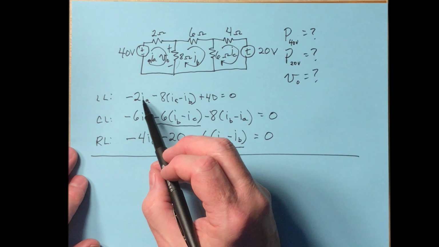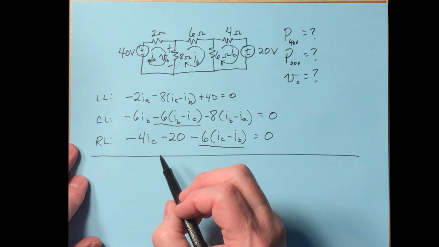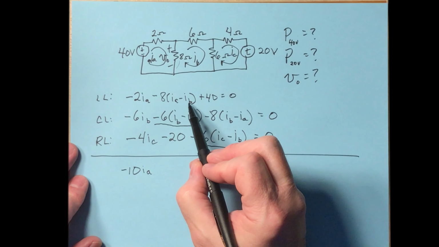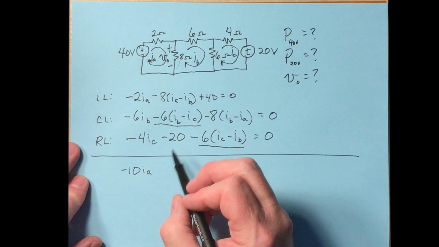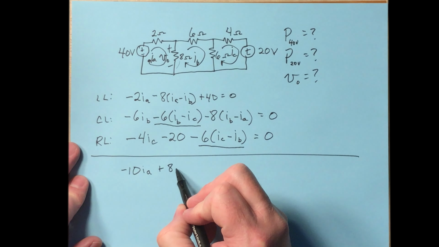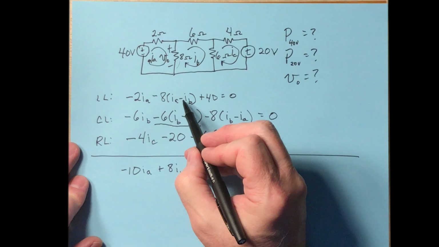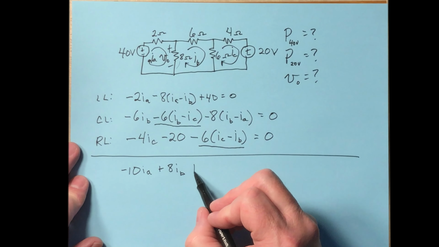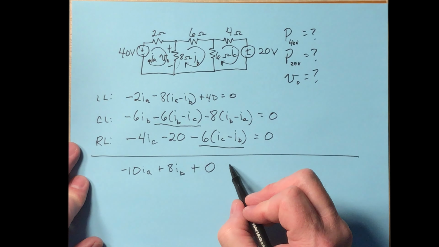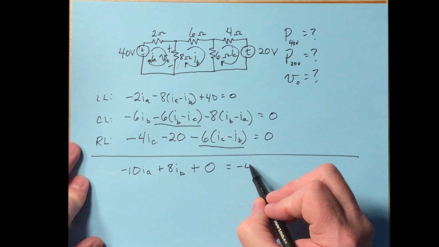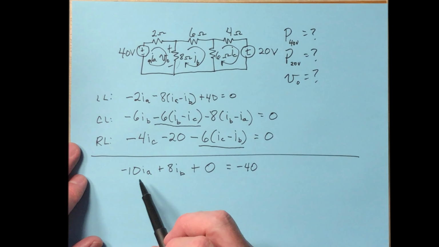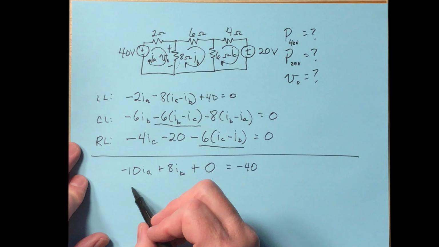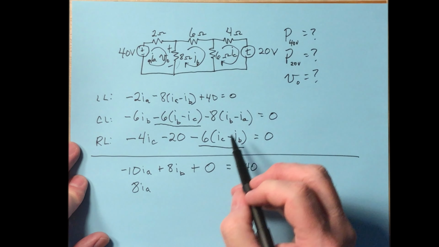So let's do that. We have I sub A. Looks like we're going to have negative 10 I sub A and 8 I sub B, and then no I sub C's. Let's leave a blank there for I sub C's though, and we'll put the 40 on the other side. Then it becomes negative 40. Now for this one, looks like we're going to have 8 I sub A's.